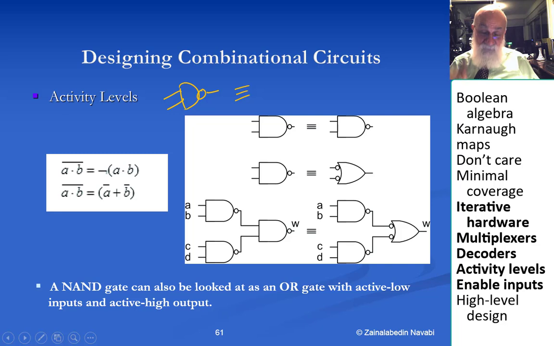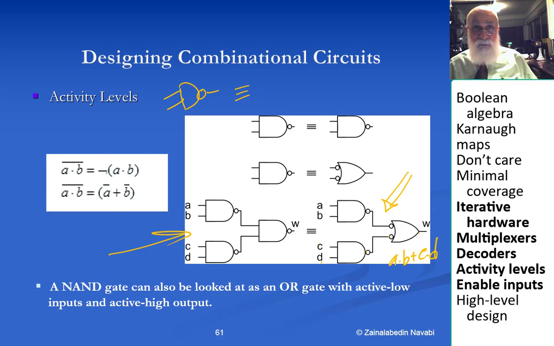When I'm drawing a circuit, I've already shown you this, it's a lot easier to represent it as such. See, when I see a circuit like this, I say, well, these two bubbles cancel out, these two bubbles cancel out, and therefore I have A and B, C and D ORed together. Therefore, W is A and B or C and D. On the other hand, if I wanted to extract that same expression from this circuit, I would have to do some Boolean, A NAND B, C NAND B, and then NAND them together and then do some manipulation.